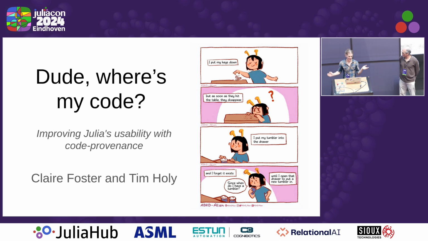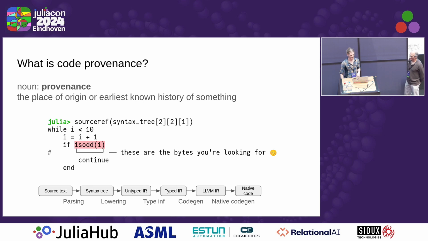And the official, non-joke title: Improving Julia's Usability with Code Provenance. So what's code provenance? Provenance is just the place of origin, the earliest known history of something.